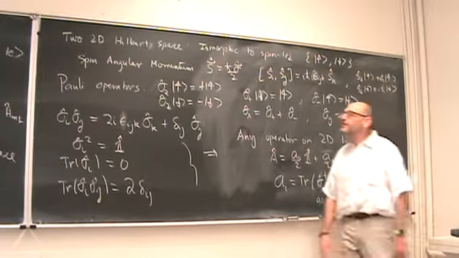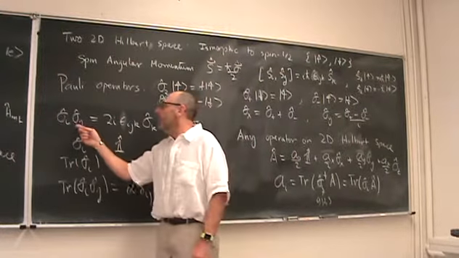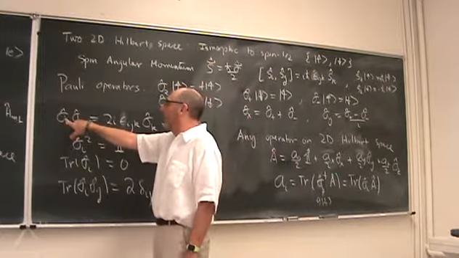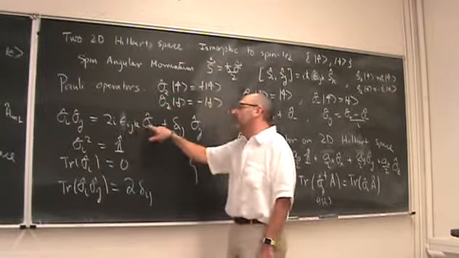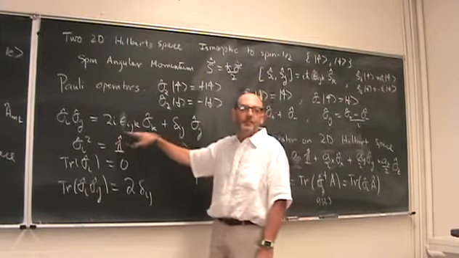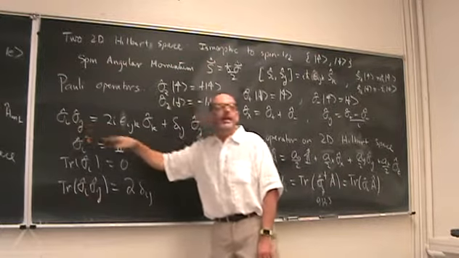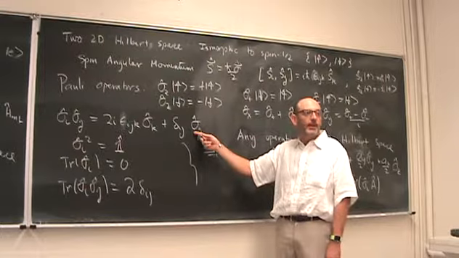So the Pauli matrices, if you multiply them together, bless you, if they're different, then you get one of the other Pauli matrices with some factor, plus or minus 2i. And if they're the same, well, then you get it back. Okay?